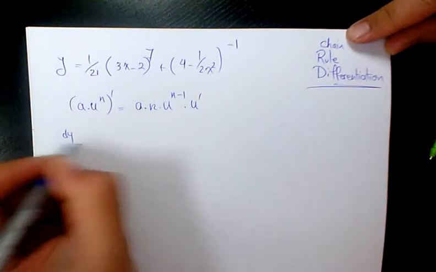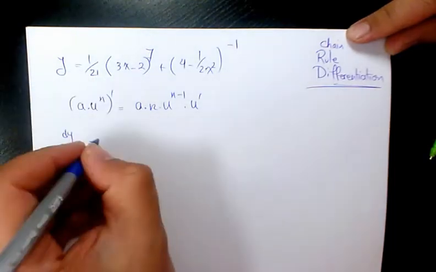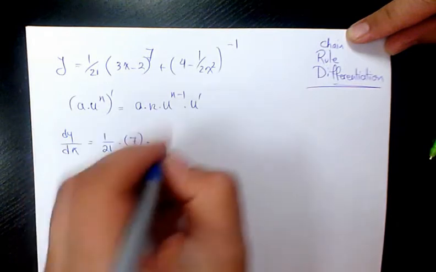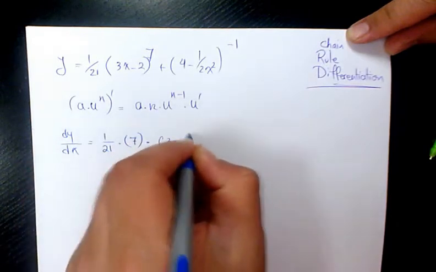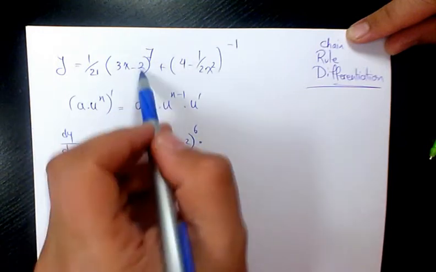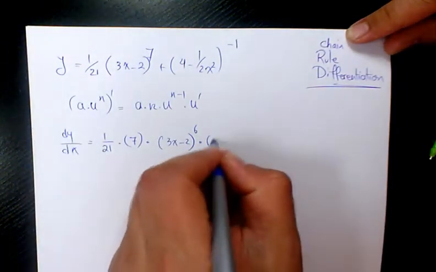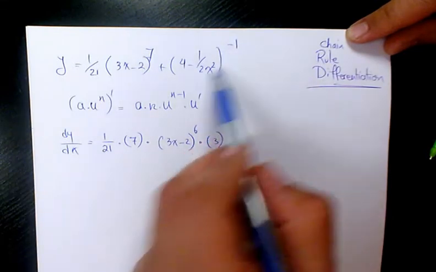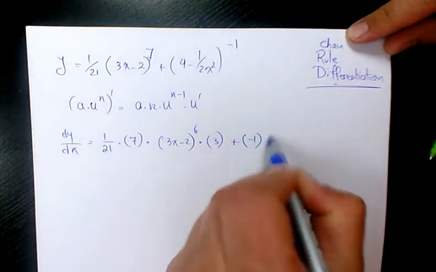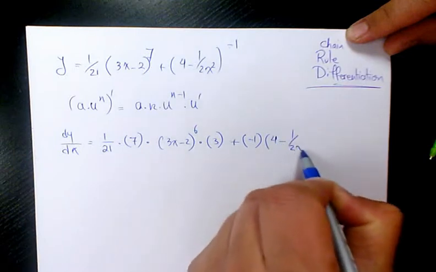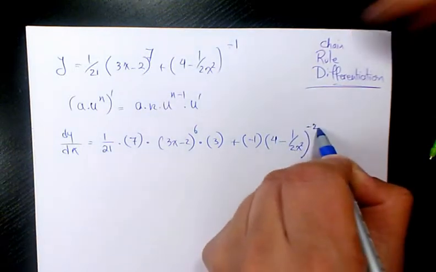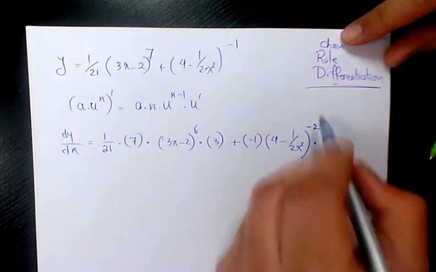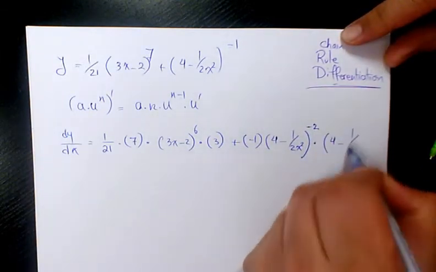So dy over dx will be 1 over 21 times 7 times (3x minus 2) to the power of 6 times the derivative of 3x minus 2, which is 3, plus the derivative of this part is going to be negative 1 times (4 minus 1 over 2x squared) to the power of negative 2 times the derivative of 4 minus 1 over 2x squared.